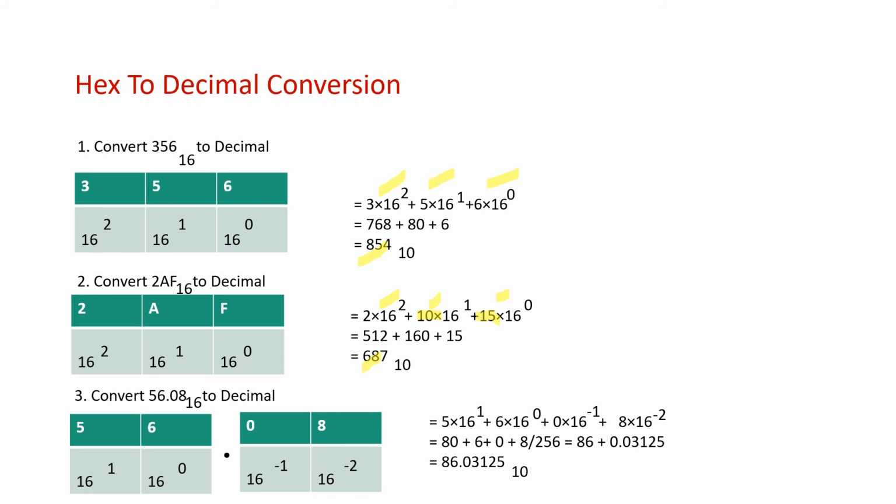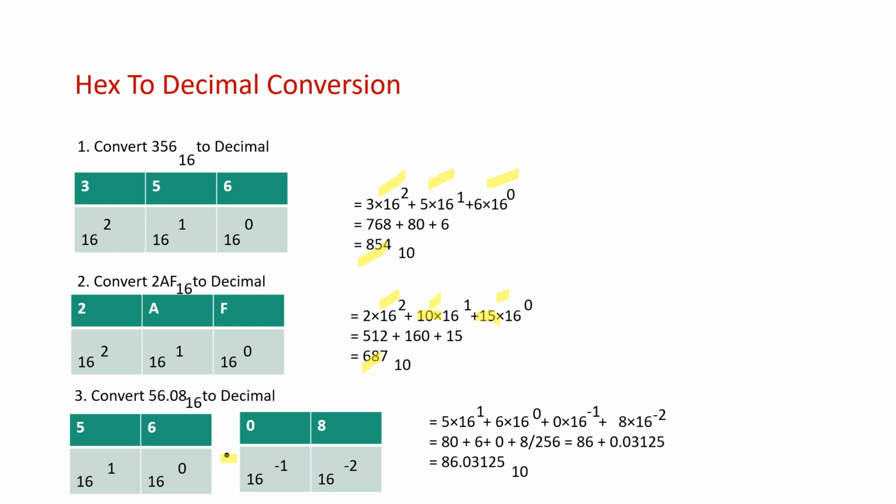Now we will see how to convert a number with a hexadecimal point. Given an example like 56.08, we know that for the digits after the hexadecimal point, we multiply by positional weights which are negative powers of 16.